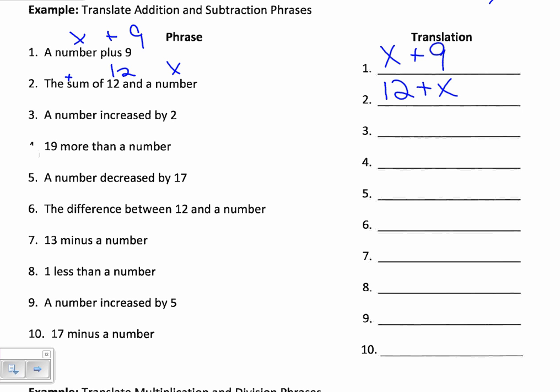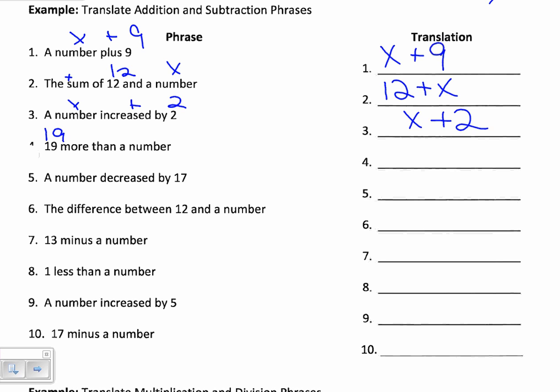All right, number 3. A number, which I don't know, so we're going to call that x, increased by 2. Increase means to make bigger, so we're going to be adding here. A number increased by 2 is x plus 2. Number 4, 19 more than a number. I know 19.